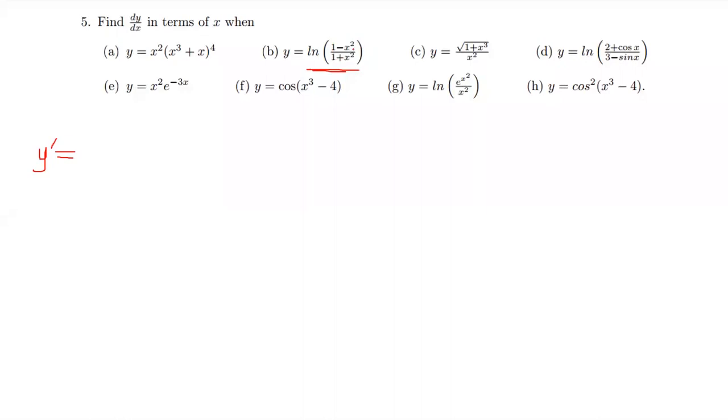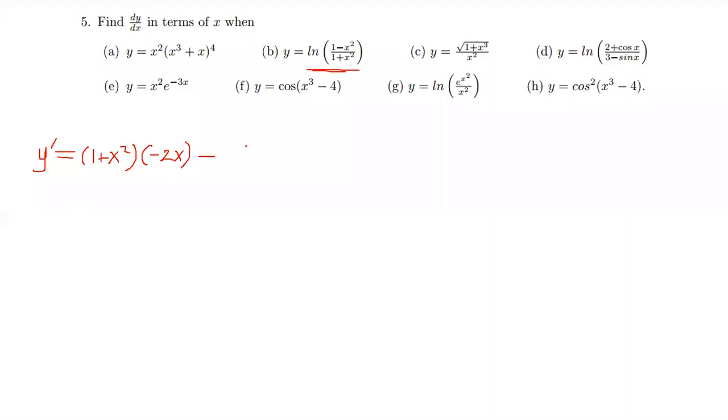So when we differentiate this, we're going to say our v there is 1 plus x squared. V times u prime, meaning we're going to differentiate the top part there, u prime. When you differentiate the top part there, we'll get negative 2x as our derivative.